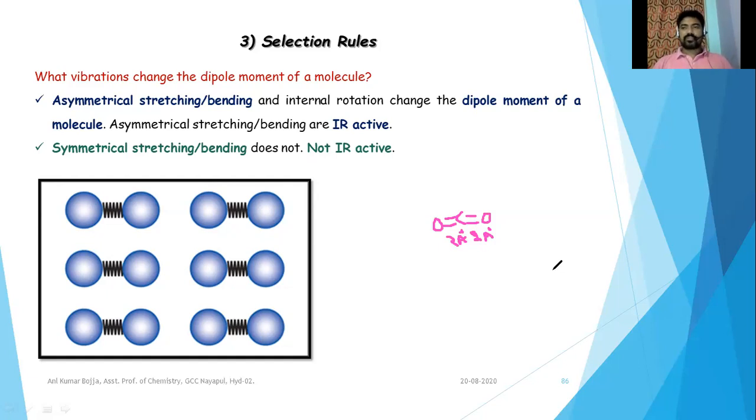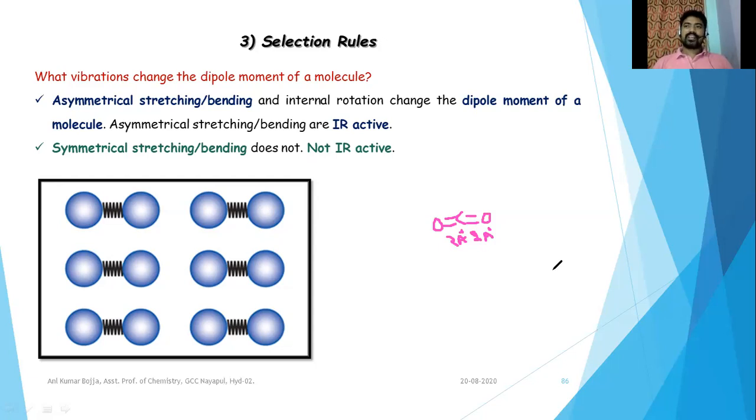All optical isomers are asymmetric molecules: D-glucose, L-glucose, even D-lactic acid, L-lactic acid, the isomers having optical activity. They won't contain any one of the 4 symmetry elements.